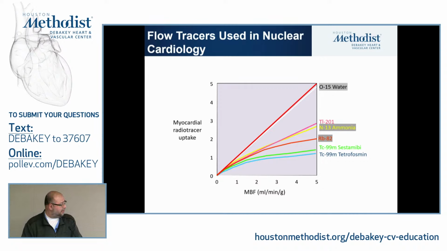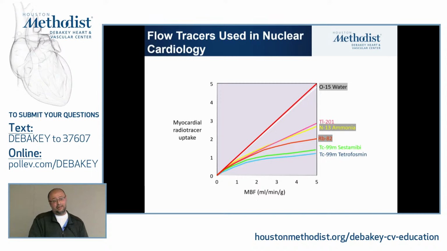It will be between O15 water and thallium. So technically, you could see with PET 50-40% lesions that could result in some reduction in flow. You may not be able to see them. Now, you cannot see a difference between 40 and 20, but you will potentially see a difference around 50. PET will start to detect some changes.